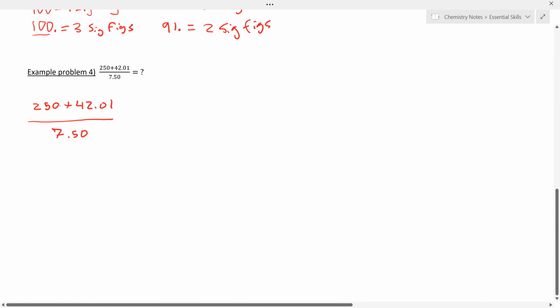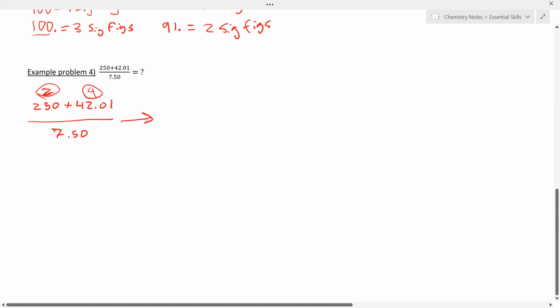There is no decimal at the end of this 250, so this is not 3 sig figs, it is 2 sig figs. Now with this 42.01, remember this 0 is trapped between 2 numbers, so it is significant. So this one has 4. We already know we're going with the 250, no decimal, so it's going to have 2 sig figs.